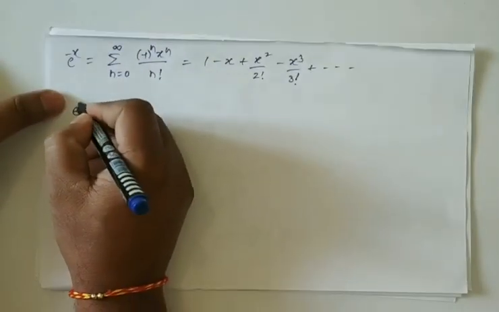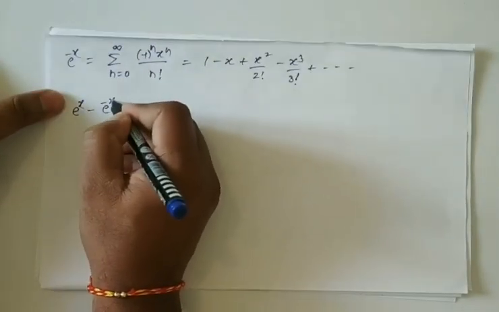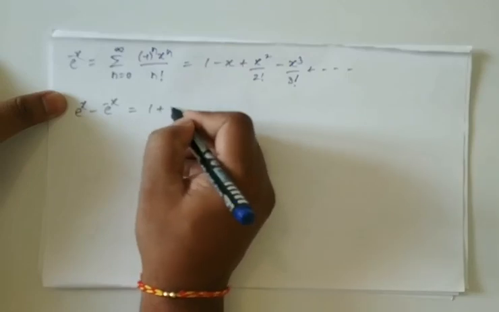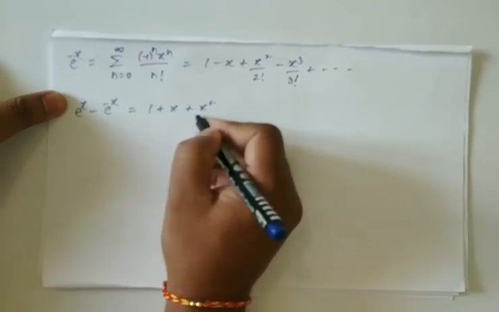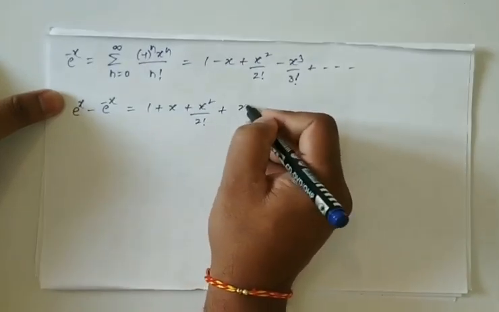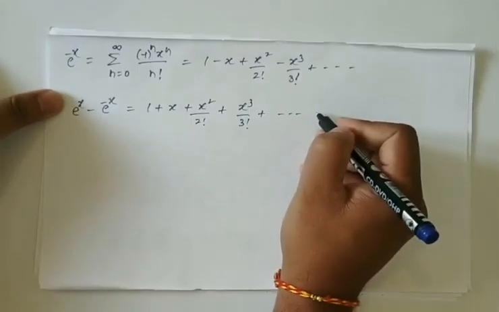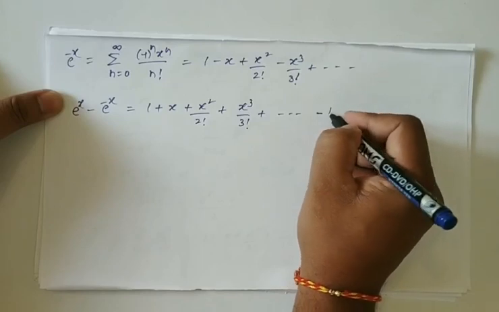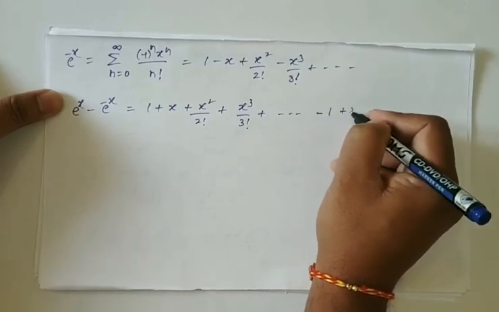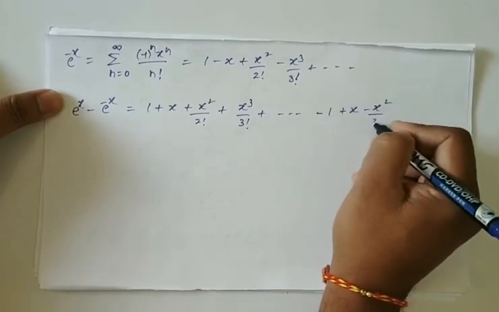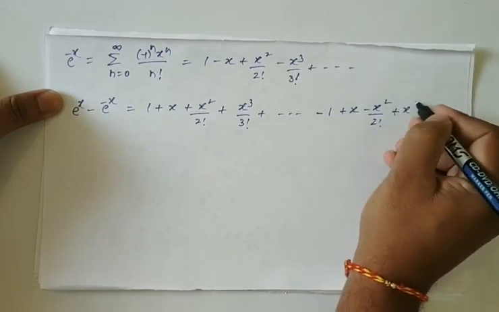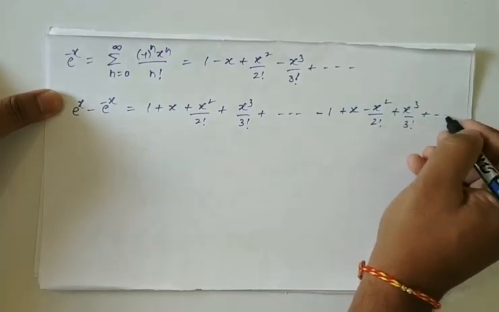Next, write down e power x minus e power minus x. That means 1 plus x plus x square by 2 factorial plus x cube by 3 factorial plus so on, minus e power minus x, which is minus 1 plus x minus x square by 2 factorial plus x cube by 3 factorial plus so on.